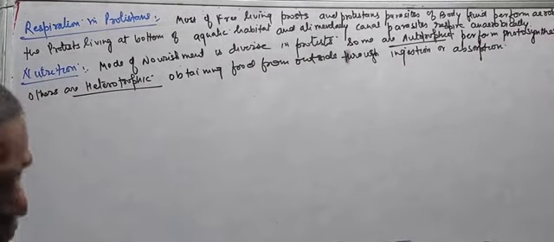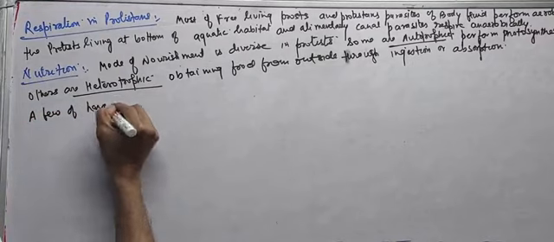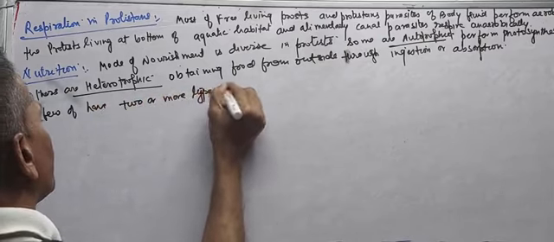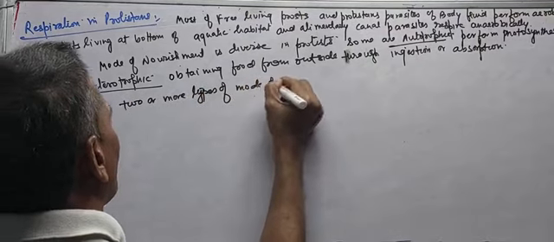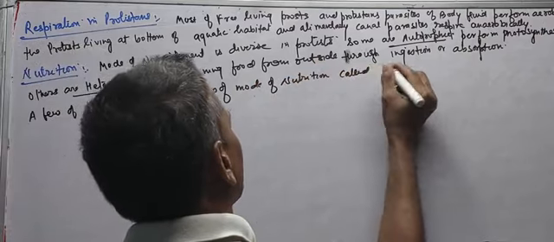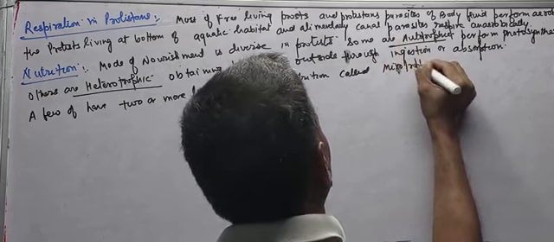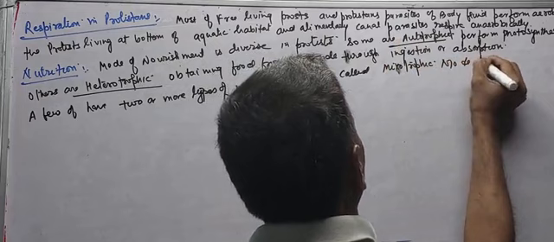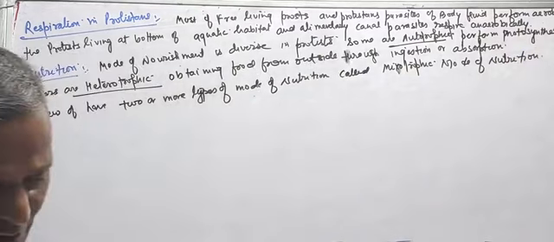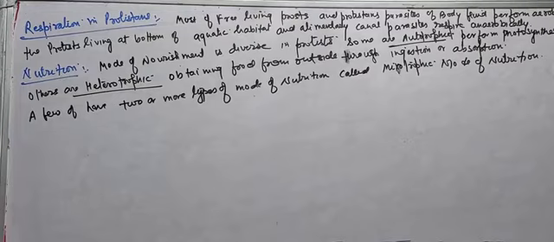A few have two or more modes of nutrition, called mixotrophic mode of nutrition. First, photosynthetic or holophytic mode of nutrition.